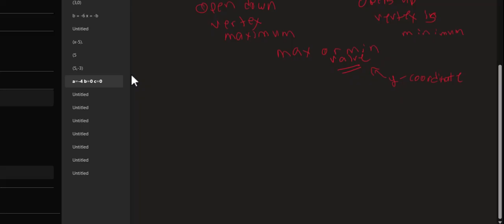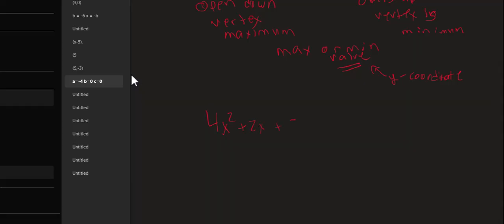If I had 4x squared plus 2x plus 3, my vertex would be minus 2 times 2 over 4.